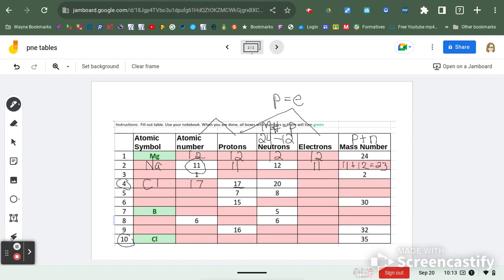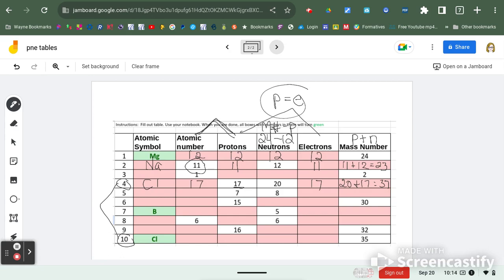I knew to look for element 17 because the protons and atomic number are 17. So I looked for element 17. My electrons have to be 17 because my protons and electrons are equal. And my mass number is going to be 20 plus 17. So that is 37.